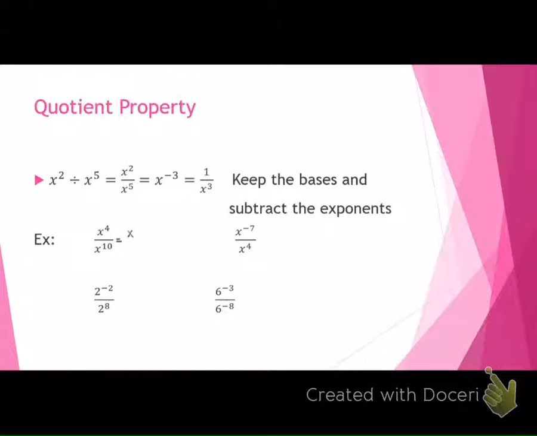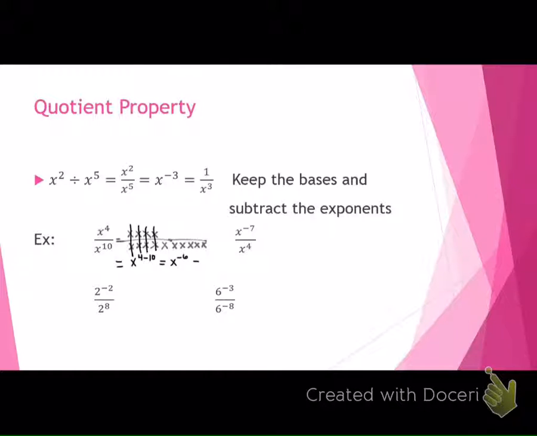If you have 4 x's on top and 10 x's on bottom, let me count. You don't add them. What are you going to do here? They simplify, so what are you actually doing? You would technically do x to the 4th minus 10, which is x to the negative 6th, right?